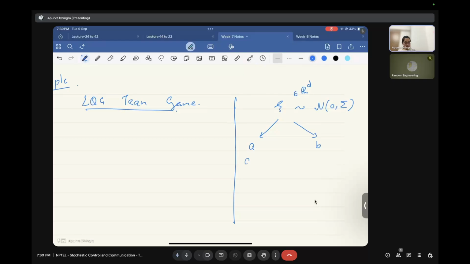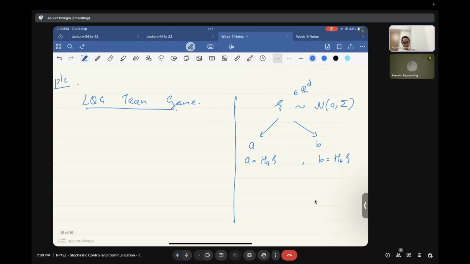The dependence is that A is some linear transform of xi, and similarly B is also some linear transform of xi. HA and HB are full rank matrices, and let's say the A and B that I get are both in R^n. Meaning this one is Gaussian, these two also become Gaussian.